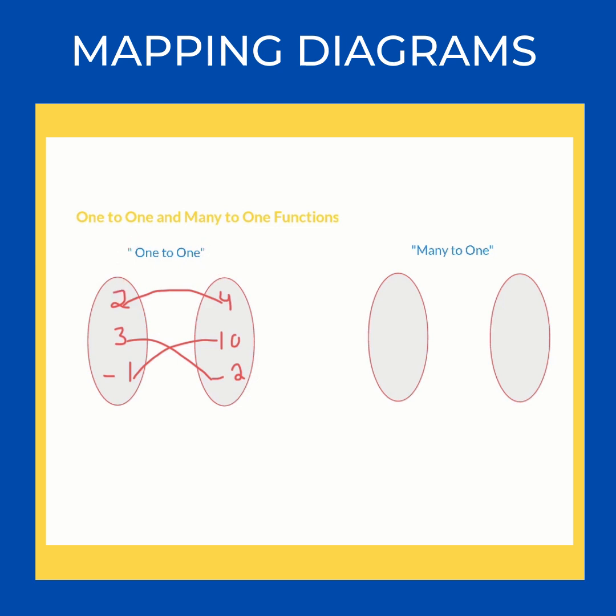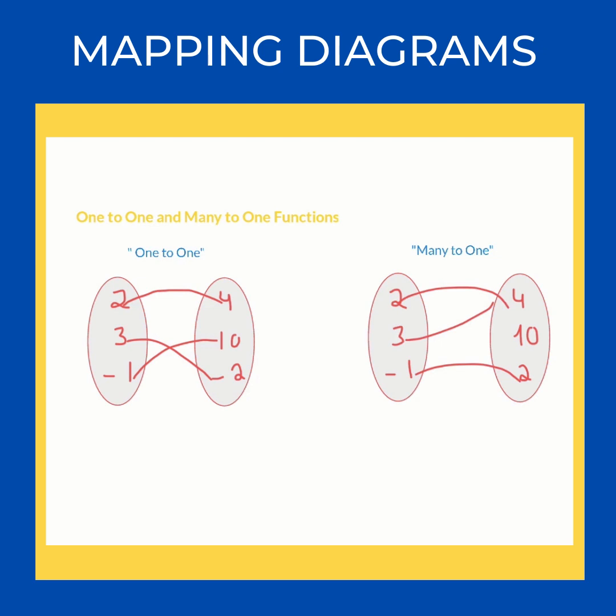Now, many-to-one functions. If I have again the same numbers, 2, 3, -1 and 4, 10 and 2, then 2 is mapped to 4, 3 is mapped to 4, and -1 is mapped to 2.